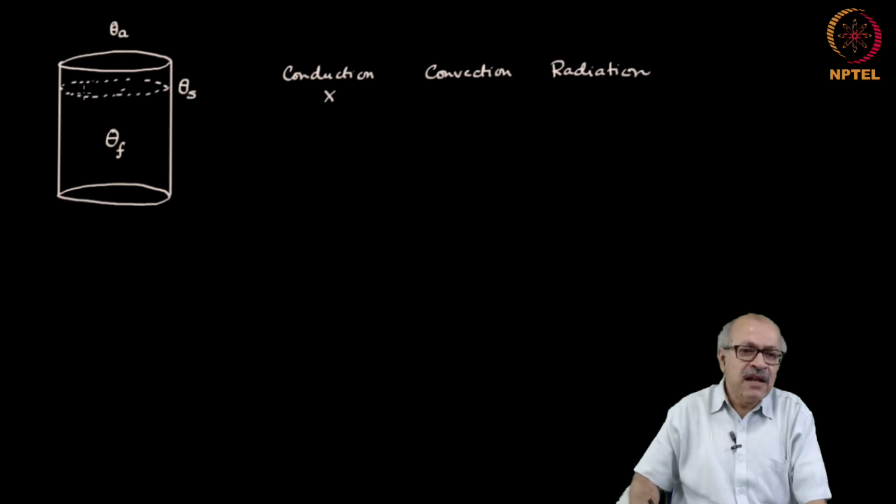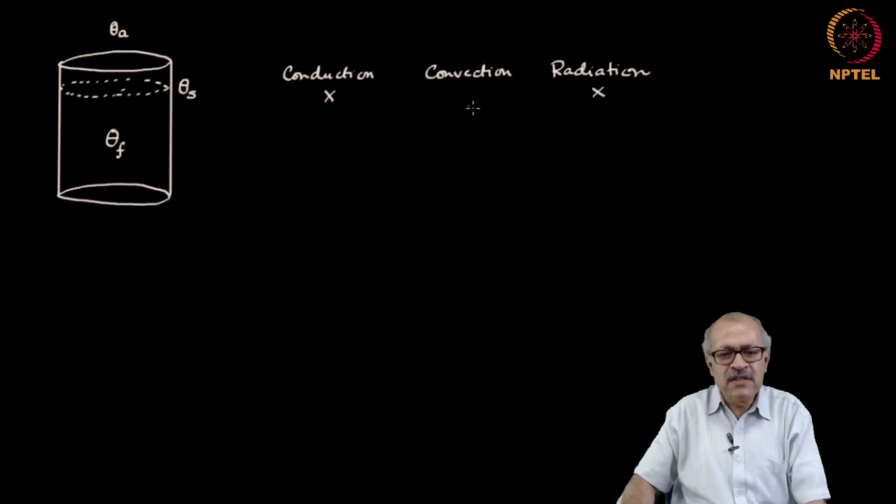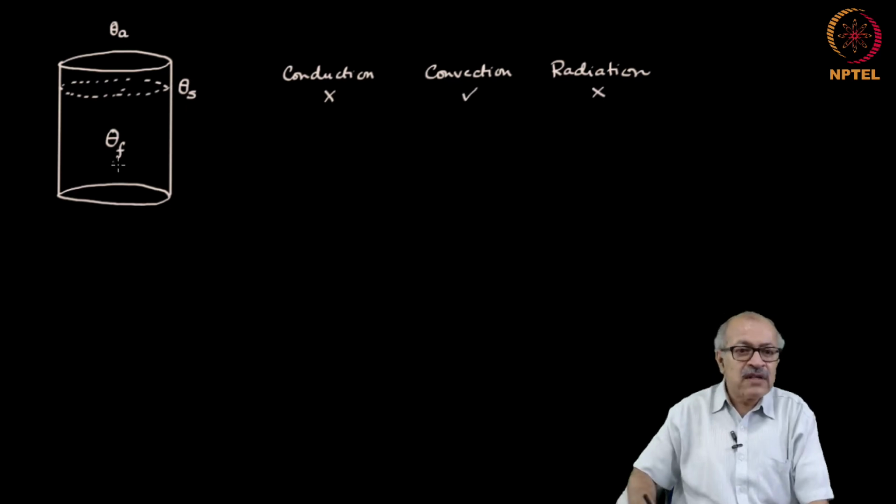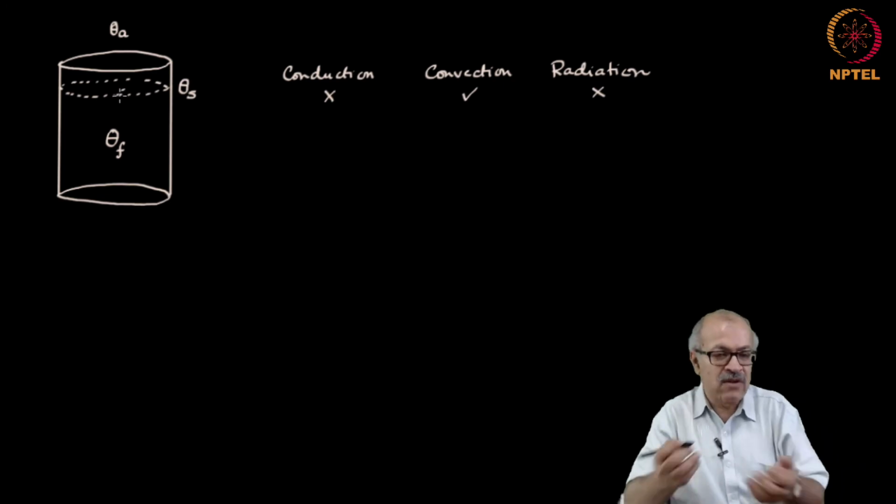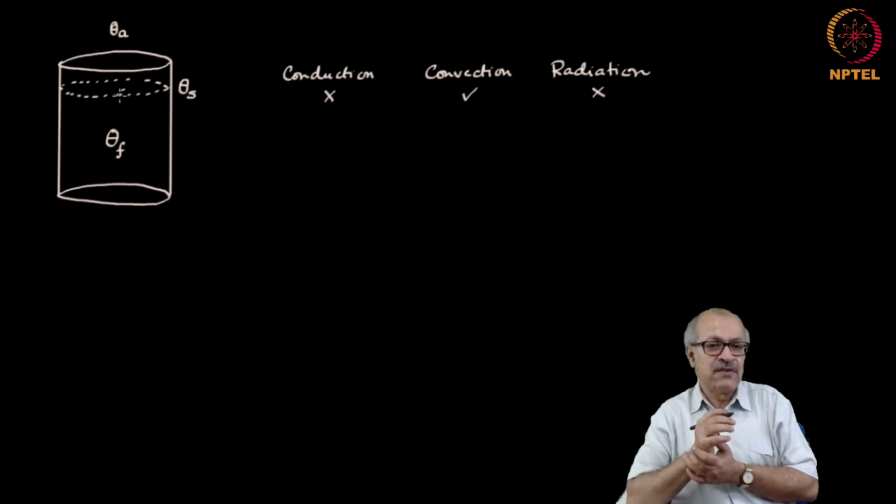Similarly, unless the temperature is too high, the radiative heat transfer into the air would be rather small. So, these two are relatively smaller than this quantity. The convection from the bulk of the water to the surface and then from the surface to the air, that will be the main method of heat transfer.